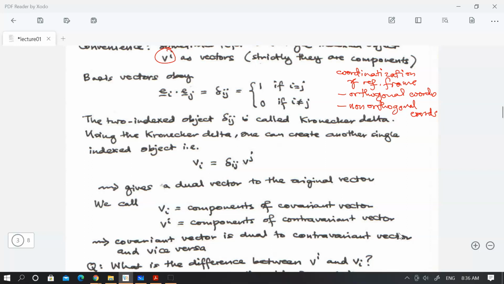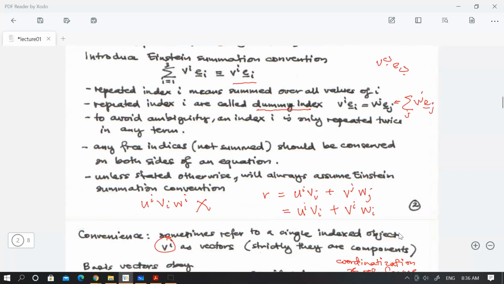The basis vector on the other hand has the index at the bottom. It's just a convention at this particular stage. So if I were to write this delta_ij together with this v^j, remember our index summation convention. Did I mention that before? Let me just check if I've written that.